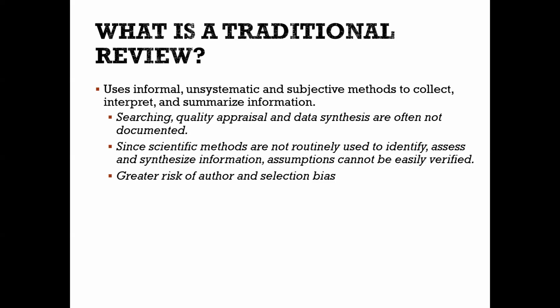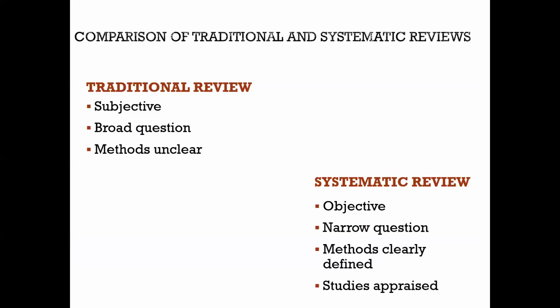So then what you can see at the end, you can't say, okay, this drug is good. No, you can't say where the information is, or you can't just assume. You should show it very statistically, right? So if I have to broadly compare traditional review and systematic review, traditional will be subjective, with a broad question.